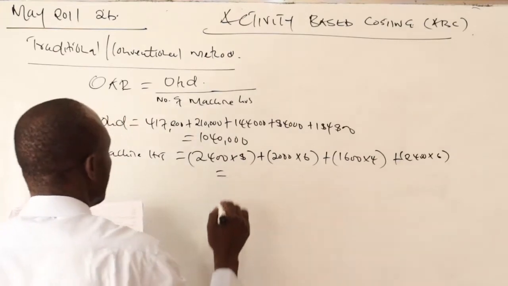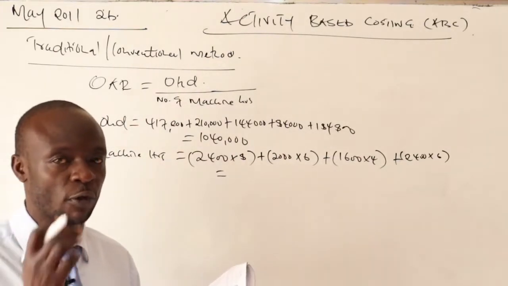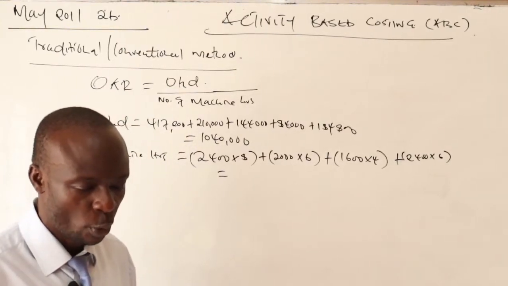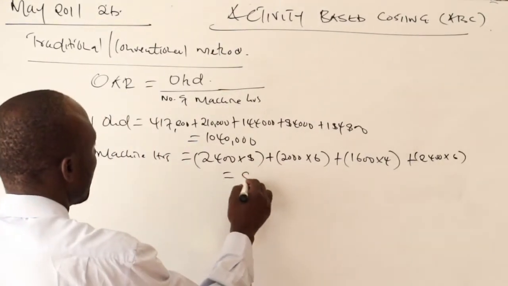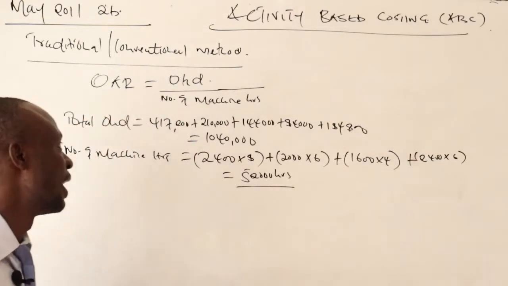Those are the total machine hours for all the products. When we do the calculation, we get 52,000 hours.